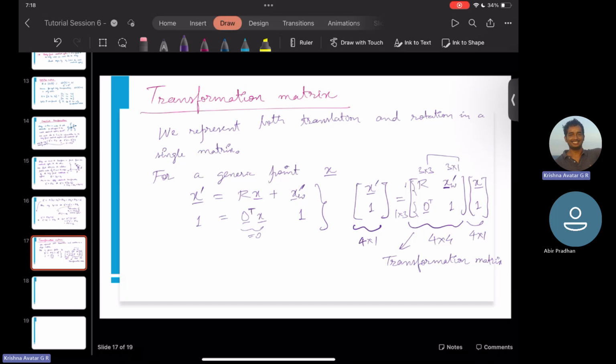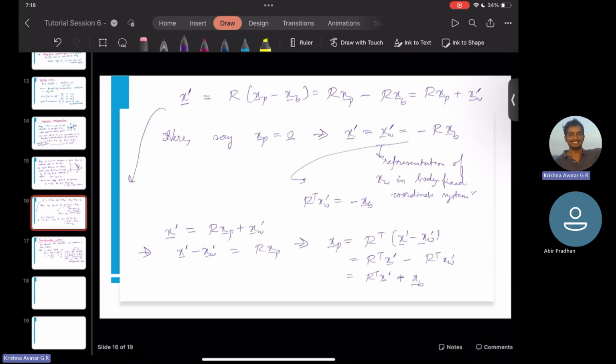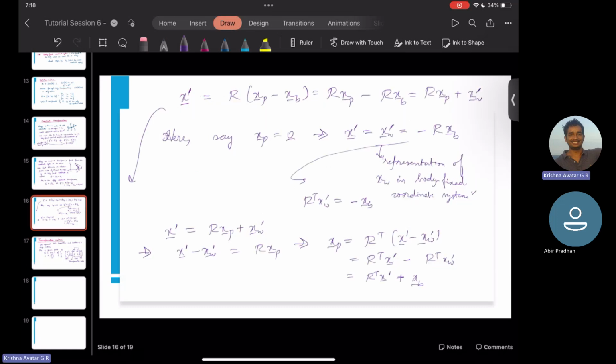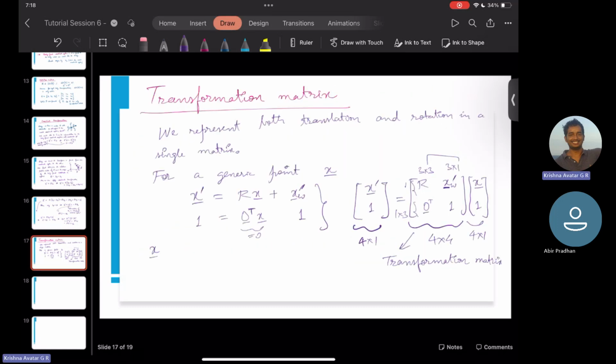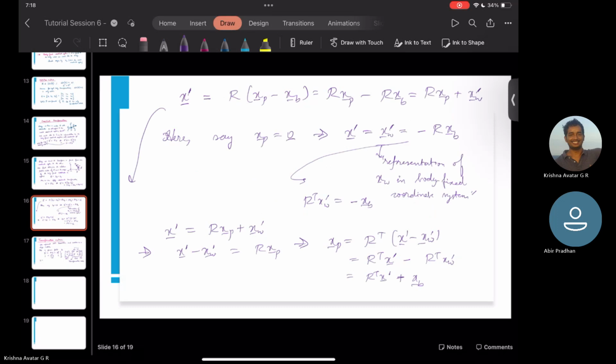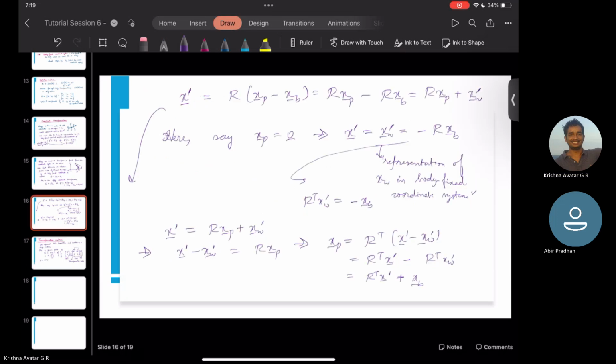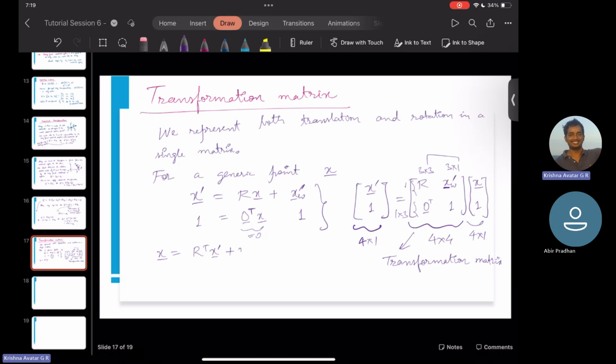For vice versa, as we learned here, for a generic x vector, x vector is equal to R transpose x prime plus xp.